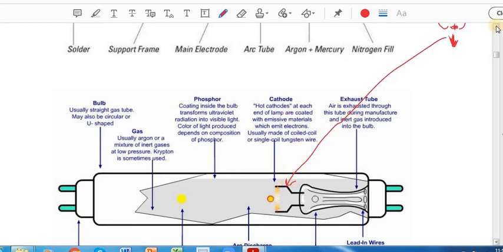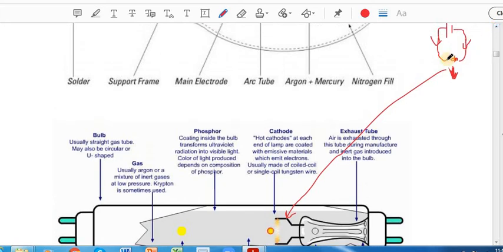So the cathode is hot. As I said, you have a cathode and you have an anode, which is a plate. If I draw a thermionic valve, it is like this. This is a cathode, and this is a plate electrode. You call it anode.